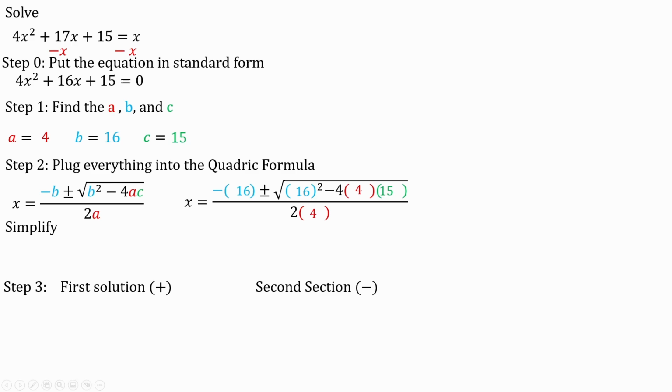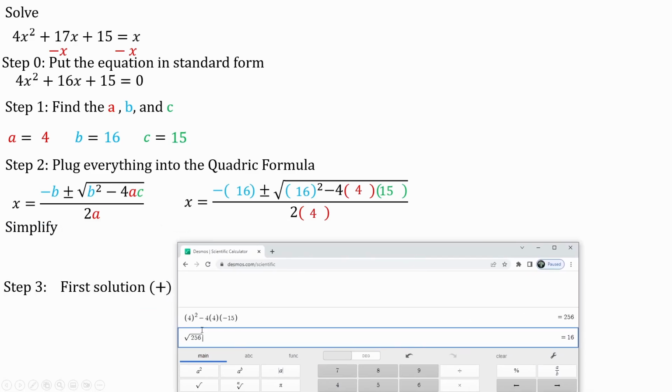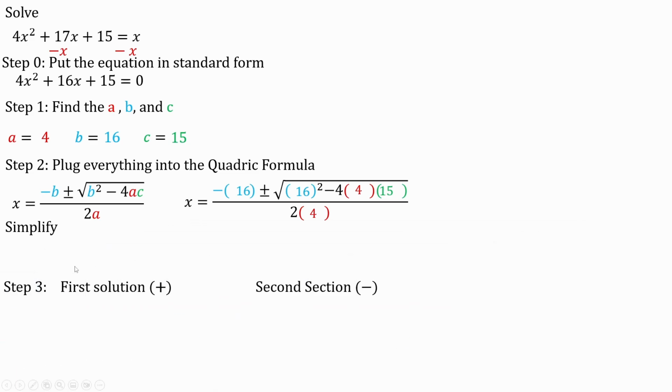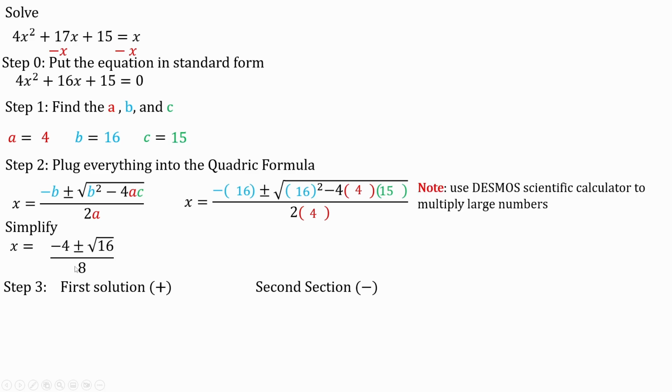Okay, let's see what goes inside the radical here. That was a 16 here, and this was a 4, and this was a positive 15. All right, and that looks like it is 16 inside the radical. So it's negative 4. Oh, sorry, negative 16. This was negative 16.